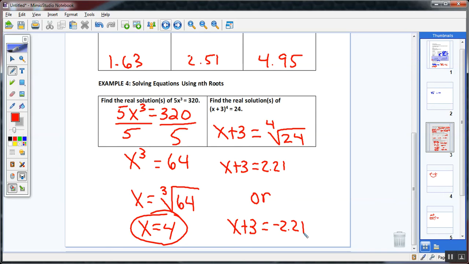That x plus 3 could equal 2.21, or x plus 3 could equal negative 2.21. So to get x alone in both cases, what do we have to do to both sides now? Subtract 3. So if I subtract 3 here and 3 here, we get x equals, help me kids, is that negative 0.79?